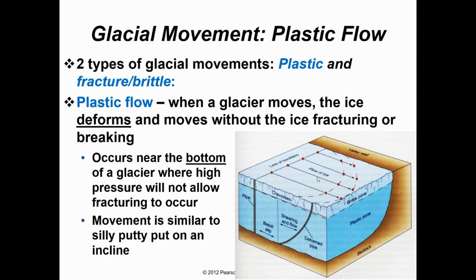Because remember, they tend to be found higher up in the mountains, or in the case of the ice sheet, the middle of the ice sheet tends to be the thickest part. So it's still pulling in a downward fashion with gravity. So in the area of plastic flow, the ice moves by deforming essentially. It deforms, it moves plastically, essentially atom by atom.